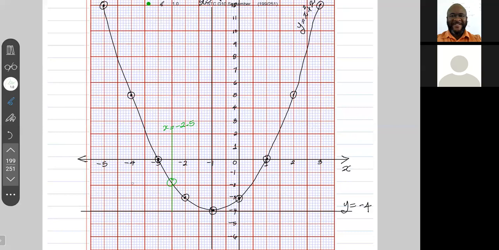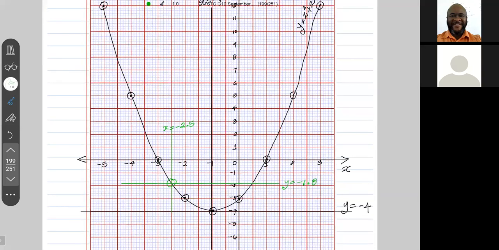At that point, we're going to draw a horizontal line. Now, this horizontal line is the line y is equal to minus 1.8.